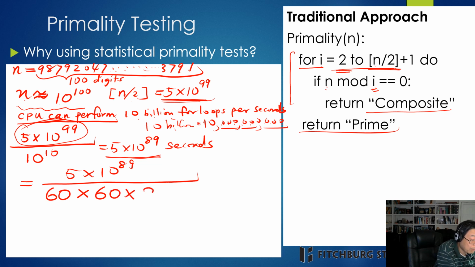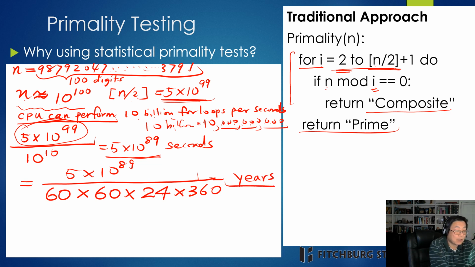Then the number of hours divided by 24 gives you the number of days. And then divided by 360, that's the number of days in a year. So this gives you the total number of years I need to complete this for loop.